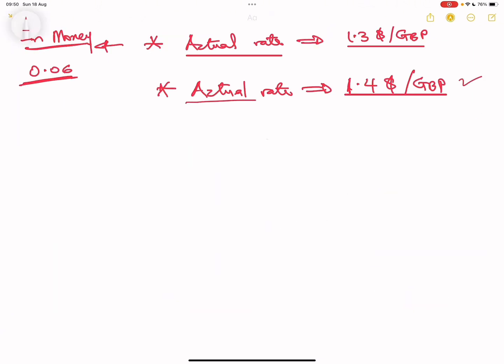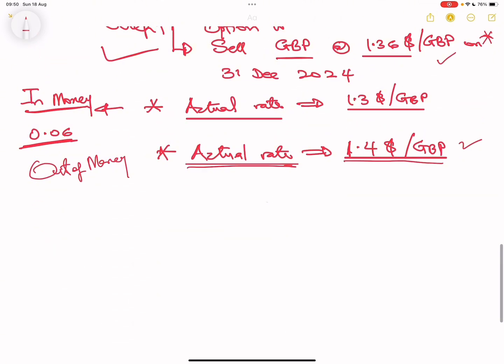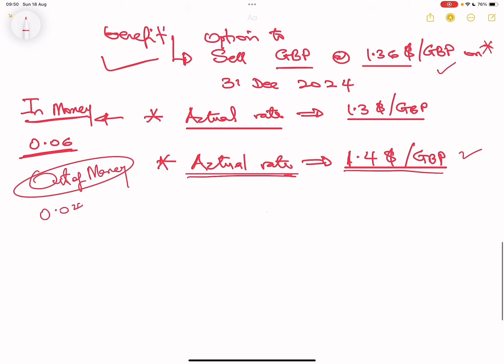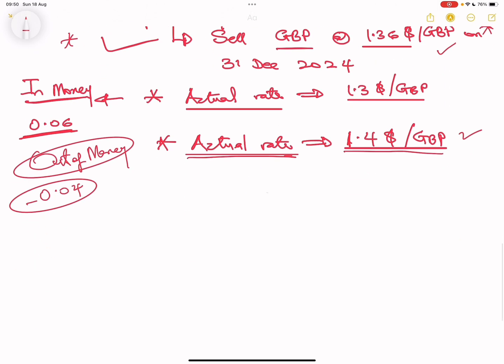So this contract will be said to be out of the money because of what the actual is saying. So the contract that we were thinking will help us is no more useful because it is in loss. And that loss is about 0.04. Because it's a right, it is not an obligation, we can walk away and ignore. All we will lose is just the premium we paid when we bought this contract. So that's how options work. And it's as simple as that.